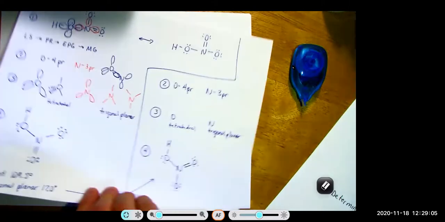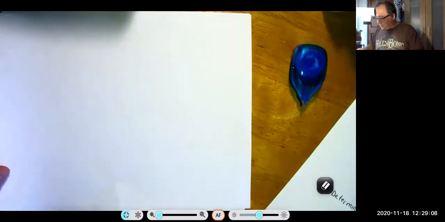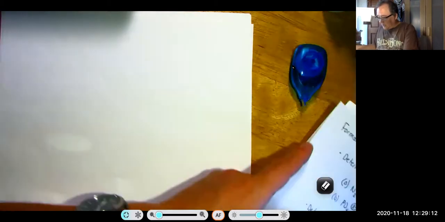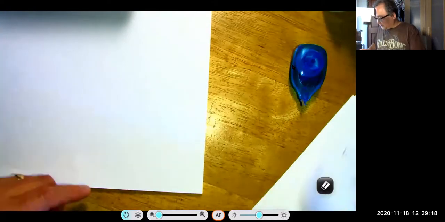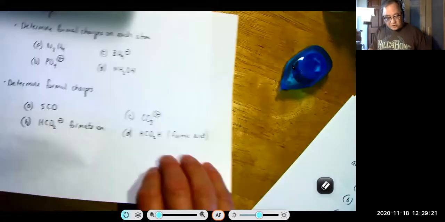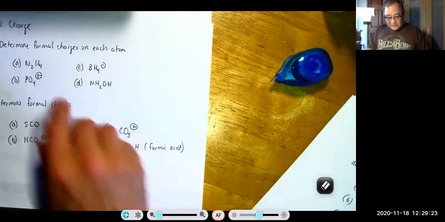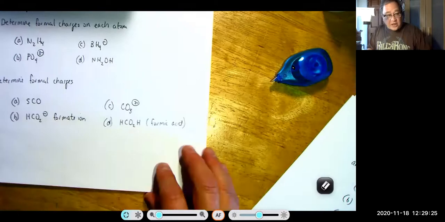Okay, so let's take a look at some other molecules here. Let's see what I've got next. I've got a bunch of molecular geometry ones. We did some formal charge stuff last time, right? So let's do this one formal charge one where it says determine the formal charges on each atom.